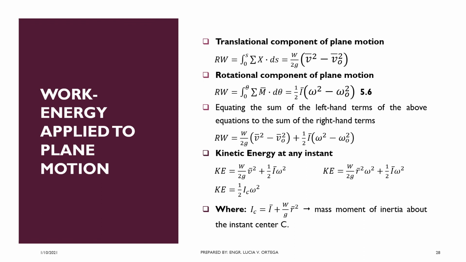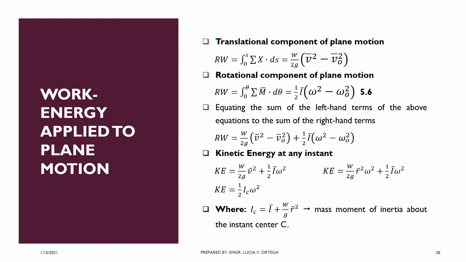But you can convert this to an equivalent angular velocity. So v is r omega, so you substitute r squared omega squared, and this would be the kinetic energy. You can sum up: I sub C is I plus W over g r squared.